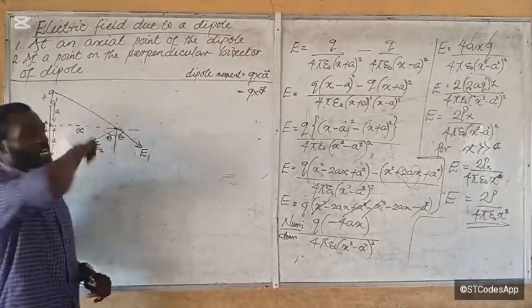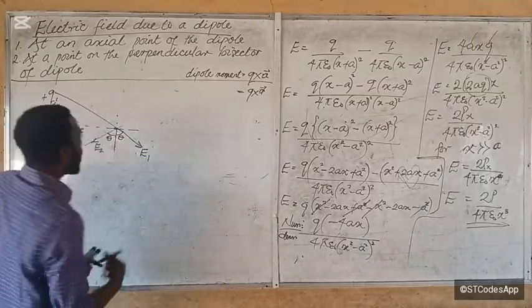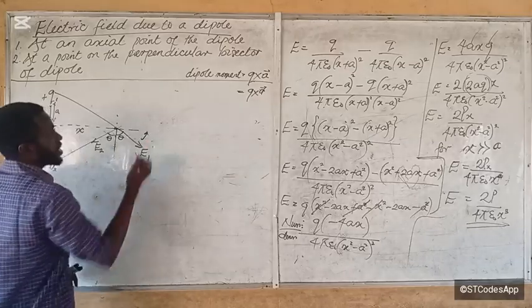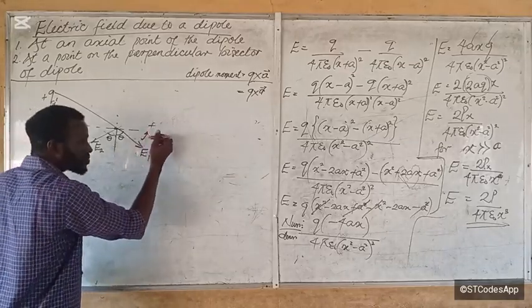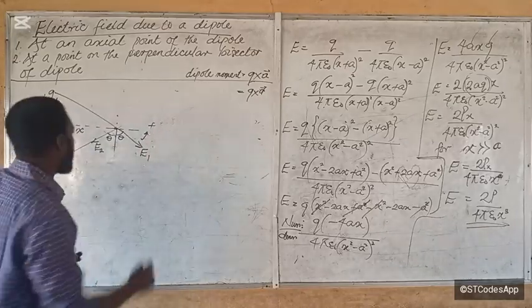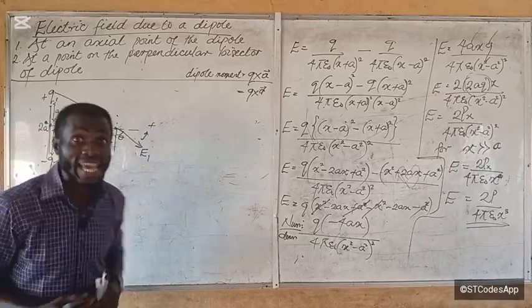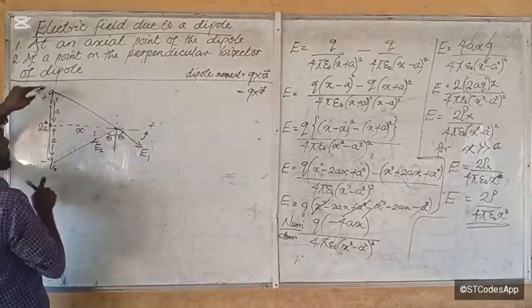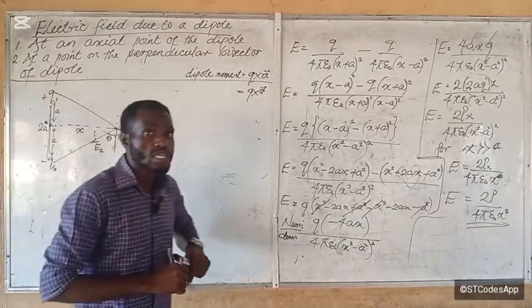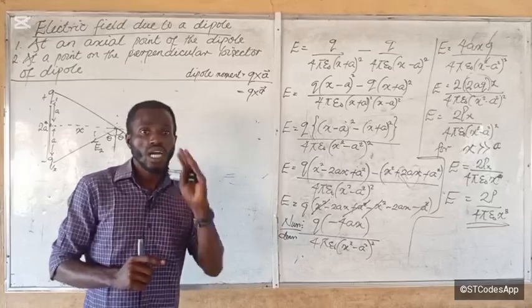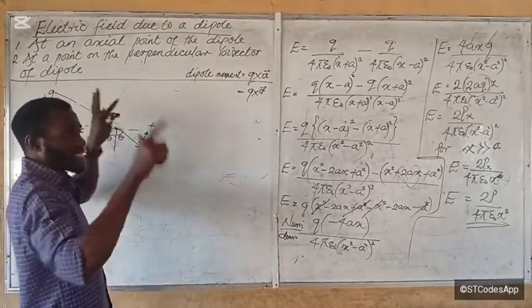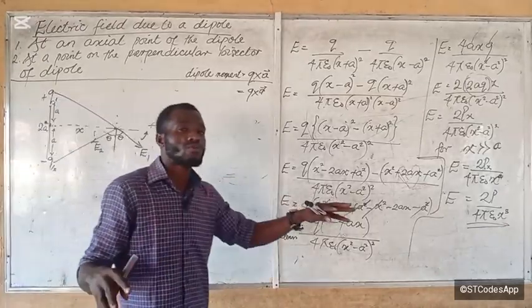Our x components are going to cancel out. Why? Because the E1 component, when we resolve it in this direction, is going to be positive. Our E2 component, when you resolve it in this direction, is going to be negative. And since both of them are equal in magnitude, the electric field due to both on the x-axis is going to cancel out.